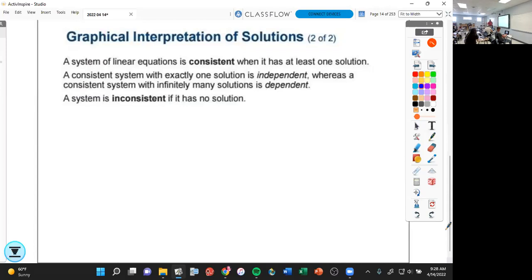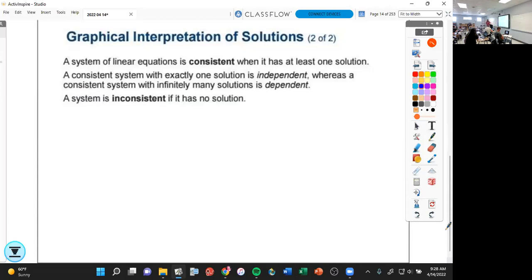However, if you tell me a system is consistent, consistent means there is at least one solution. So at least one means there could be one or there could be more, right? And if we're talking about lines, more means infinitely many. There can't be two solutions to a line, can there? It's either one, none, or infinitely many. Okay, so consistent means there's at least one solution.